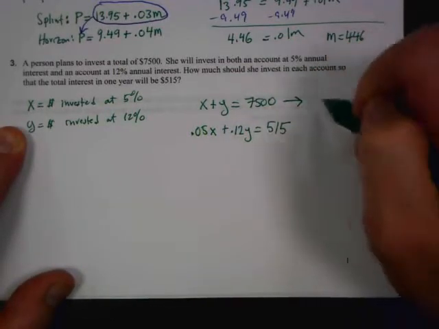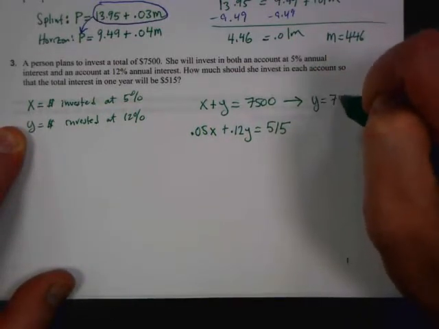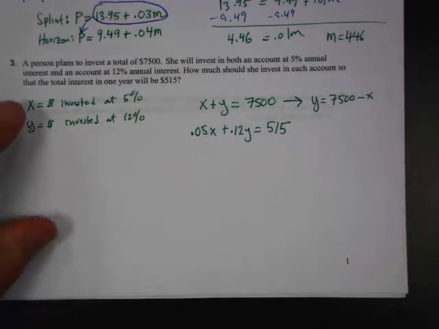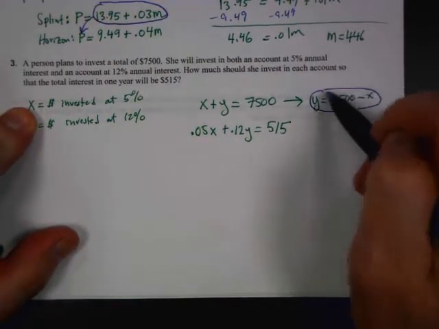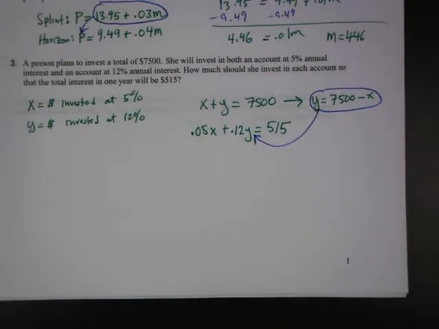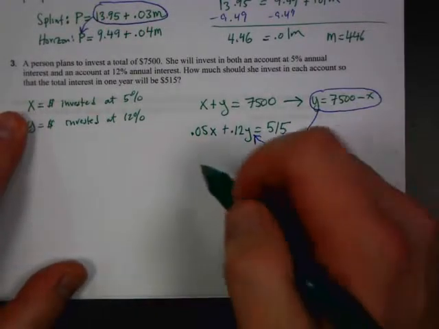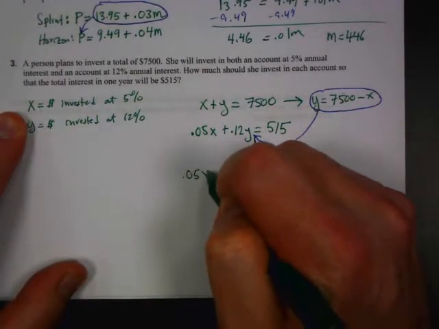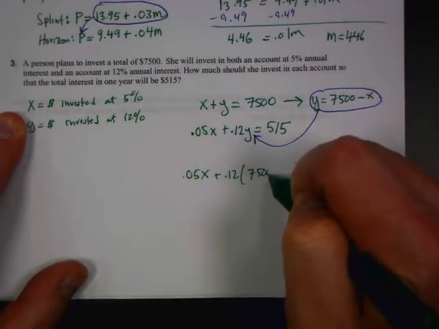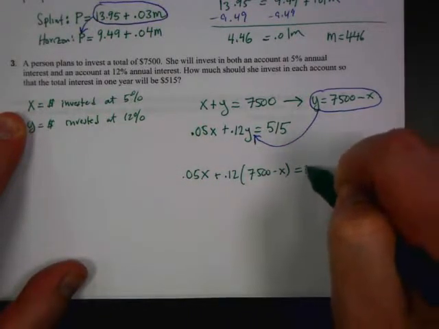I'm going to write y as 7,500 minus x and plug it in right there. I don't know why I chose substitution. I just did. 0.05x plus 0.12 times 7,500 minus x equals 515.